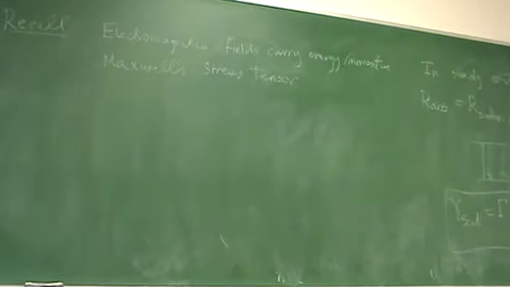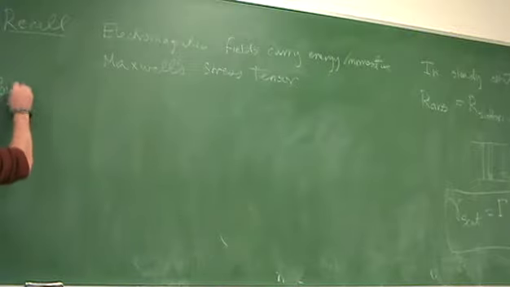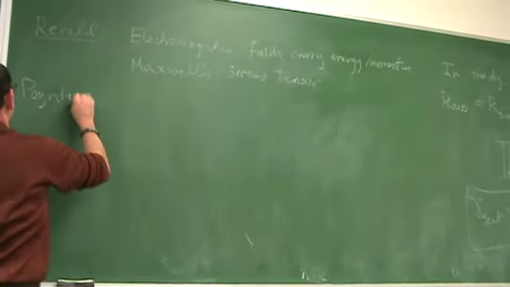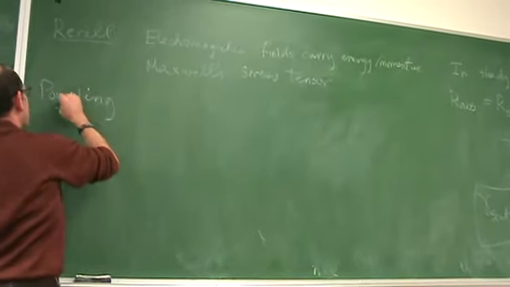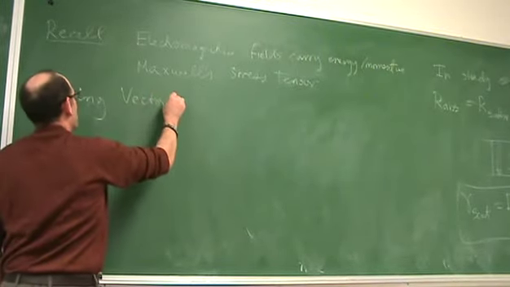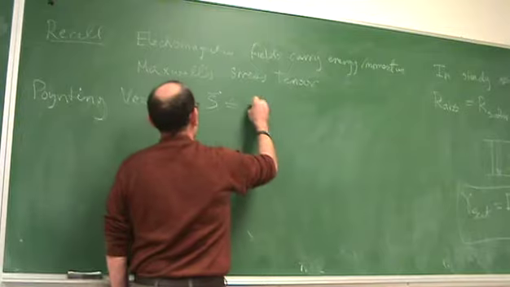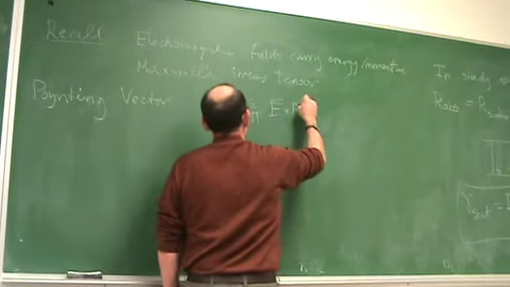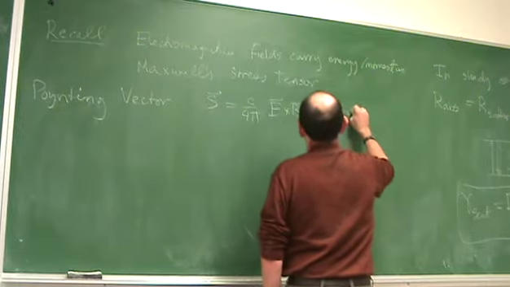And from that, you recall, we have, of course, the Poynting vector. Poynting was a person, even though it points. Which is the energy flux.